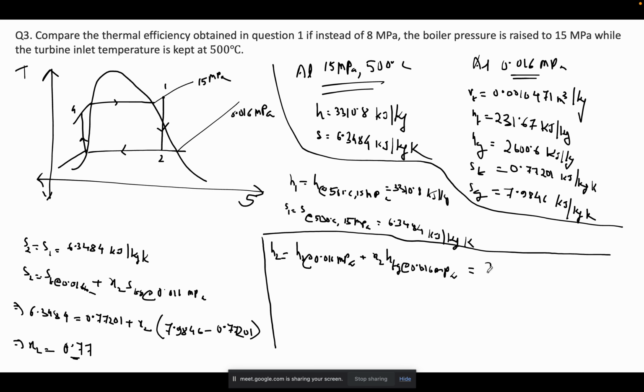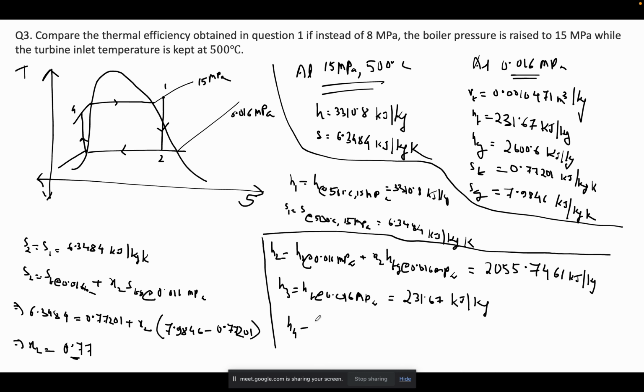So then my H2 will be 2055.7461 kilojoule per kg. There will be no change in my H3 because it is the same pressure level. H3 is 231.67 kilojoule per kg.